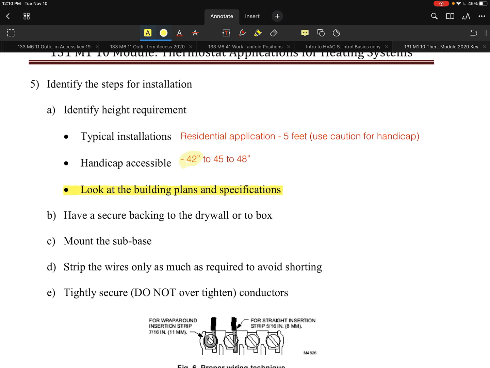Usually they'll look at the plans, and unless you see something that's going to prevent you from putting it there, you are, let's call it, legally obligated to install it in the place where they are identifying it. So be very, very careful to make sure that you're abiding by those rules.